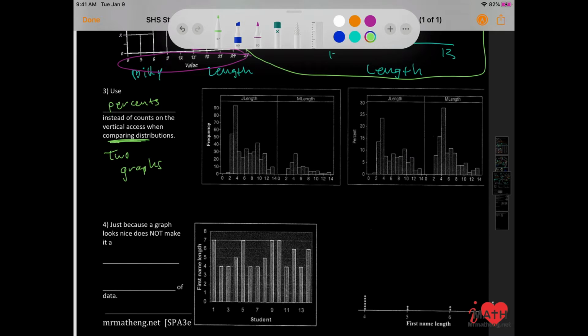So, medical journal, J for journal, and M for the airline magazine.